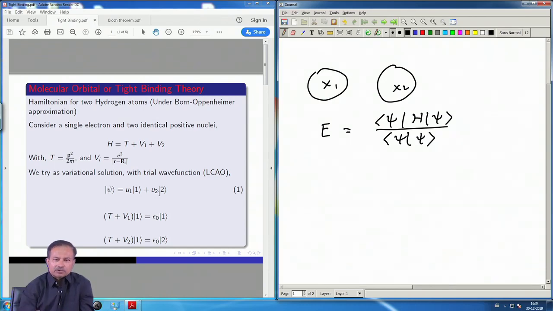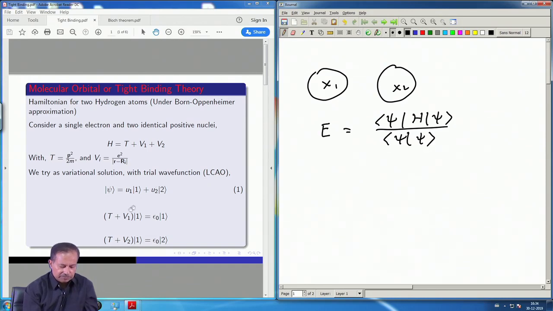The name is quite obvious, that we are choosing linear combinations of the two atomic orbitals. There could be other choices, there are other ways to write things, but this is a trial wave function which is very common. As I said, it is called the LCAO, linear combination of atomic orbitals.